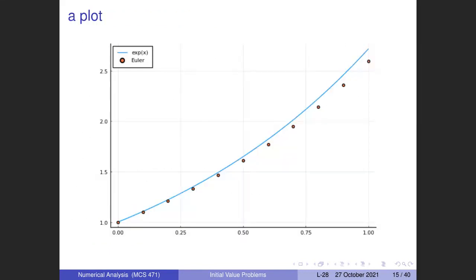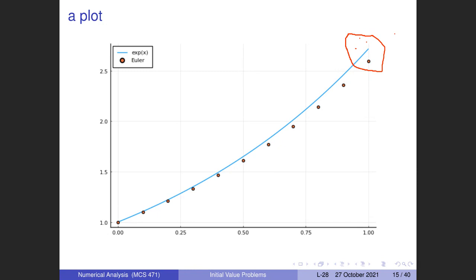Now, we can also visualize this. So this is good for a plot. You can see the plot here, where we can see the global error. So the global error is over here, the last dot, and you see there is a drift off. Even if we work on the very narrow interval 0, 1, this method is not so accurate.